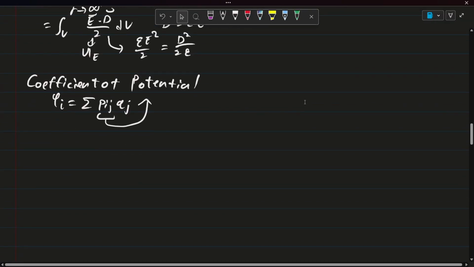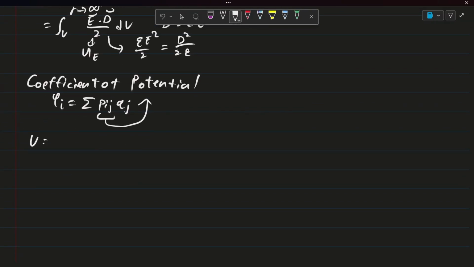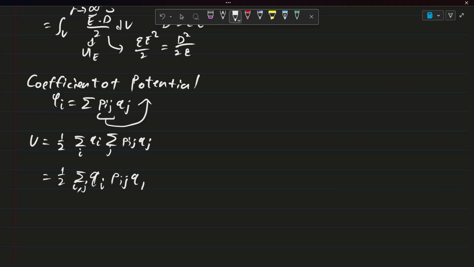Straight away, by using our definitions, the potential energy would be half times the sum of the phi i's of Qi. And this would be the sum of Pij Qj for each of the j. Therefore, this could be written as half times the sum of i and j of Qi Pij Qj.